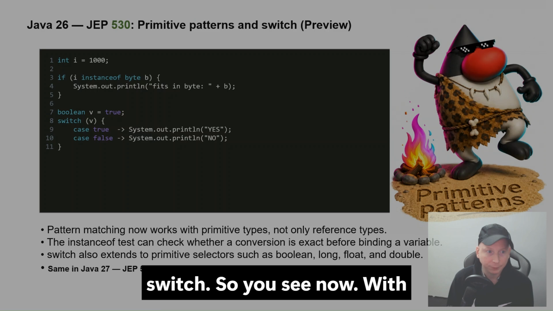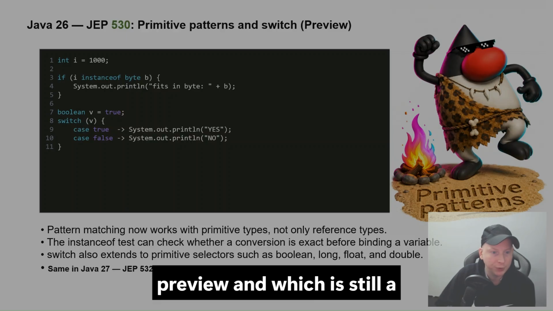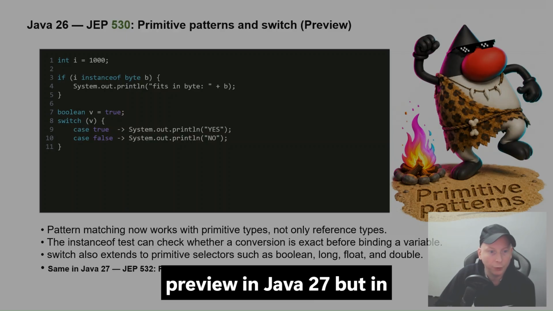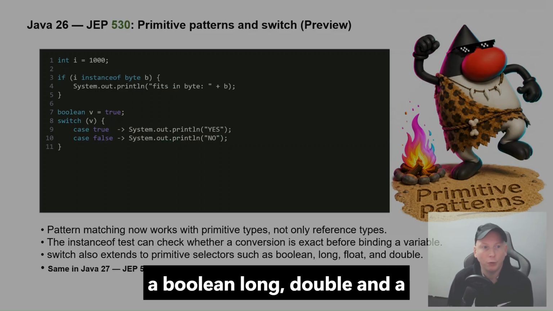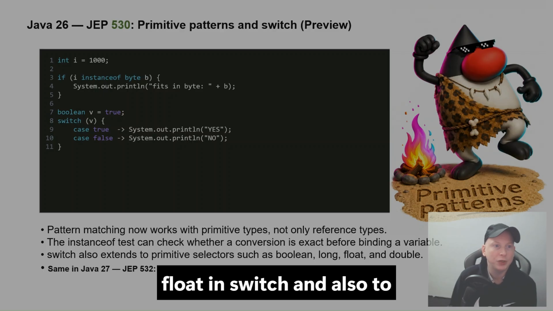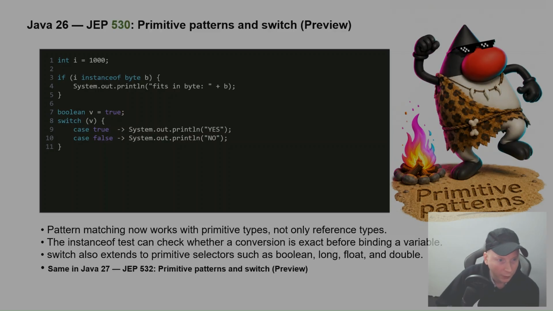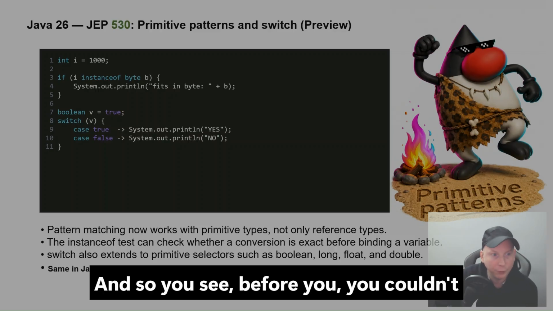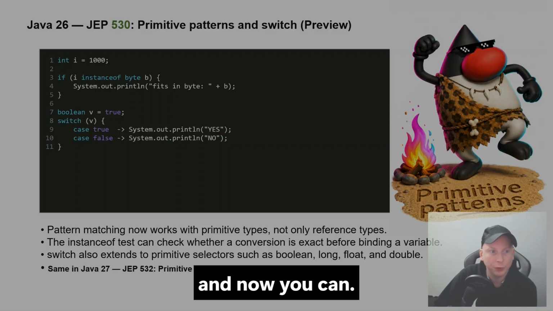So you see, now with this JEP, which is a preview, and which is still a preview in Java 27, but in another step, it is to use boolean, long, double, and float in switch, and also to be used with instanceof. Before you couldn't use this kind of type with a switch, and now you can.